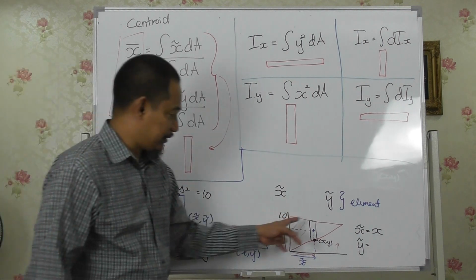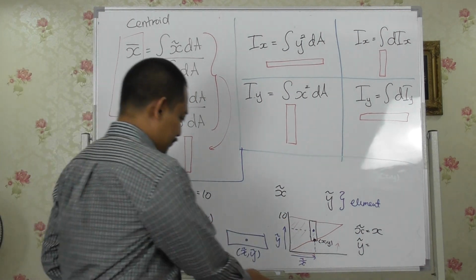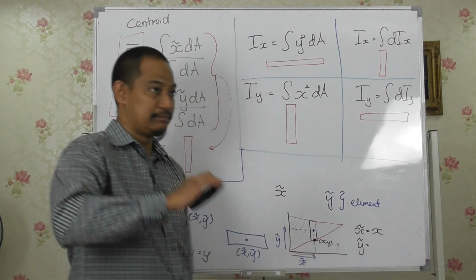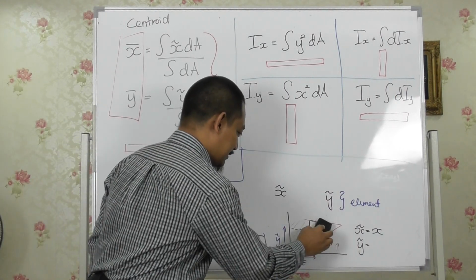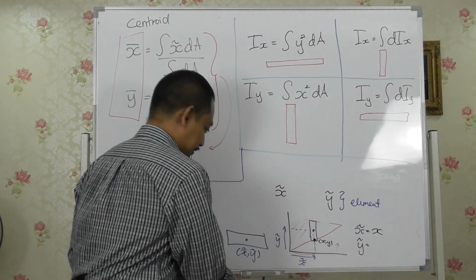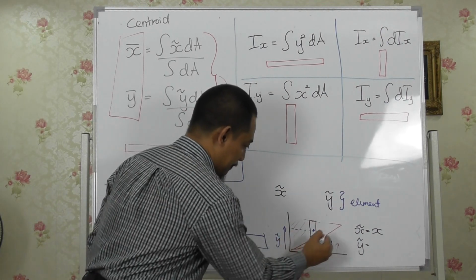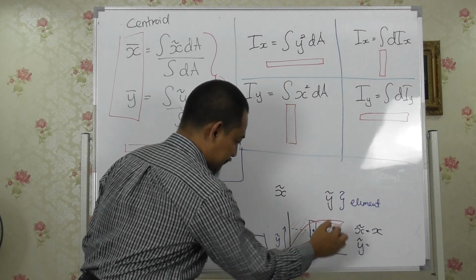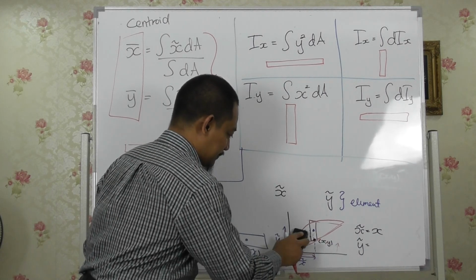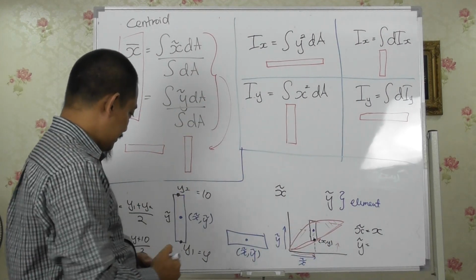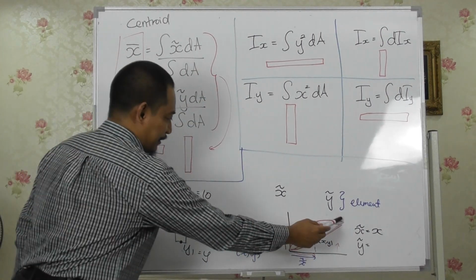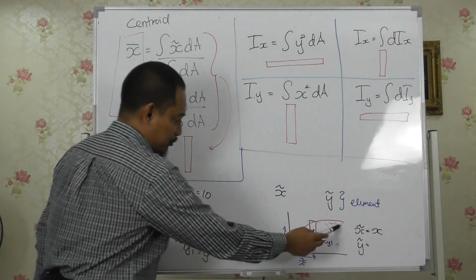If, for example, it's not a constant 10, let's assume the question is something else, which is like this, right? Can you imagine this? Meaning the area is within that two curve. Then y2 is with respect to this curve, y1 is with respect to this curve.